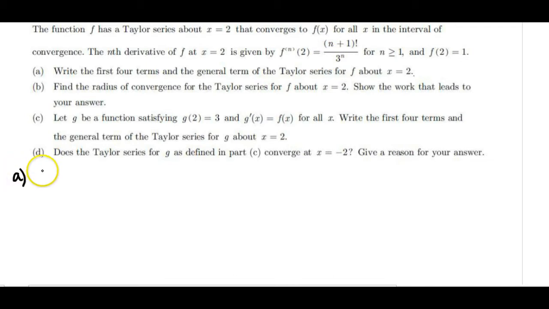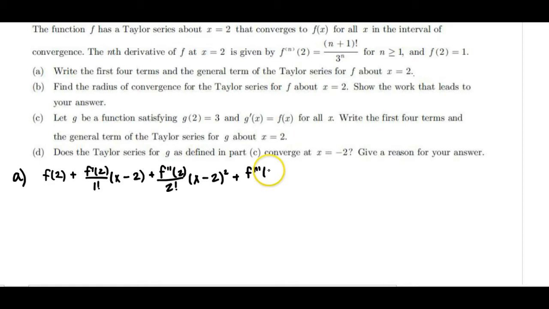So let's remember that the general formula for the Taylor series is going to be f of a, where a is the center, so f of 2, plus f prime of 2 over 1 factorial, and then x minus a, so a was 2, to the first power, plus the second derivative at 2 over 2 factorial times (x minus a) squared, plus the third derivative at 2 over 3 factorial times (x minus 2) cubed.